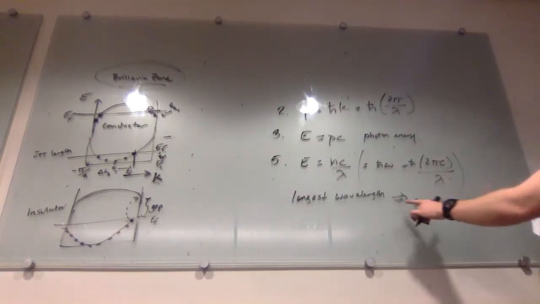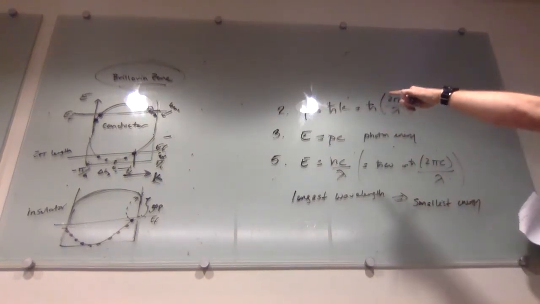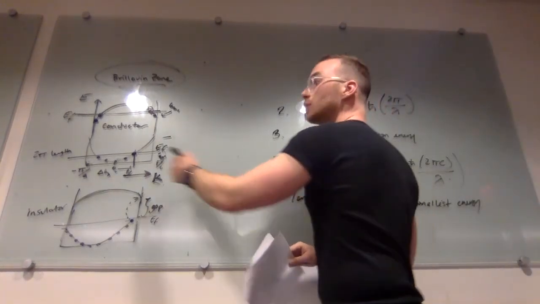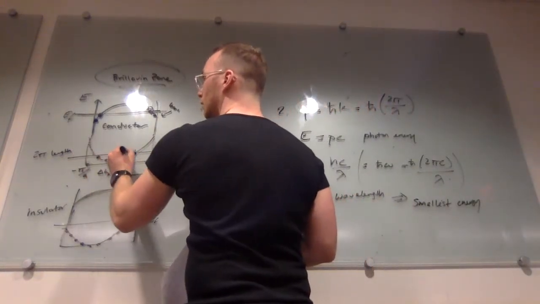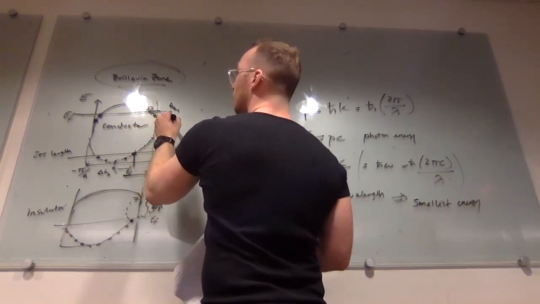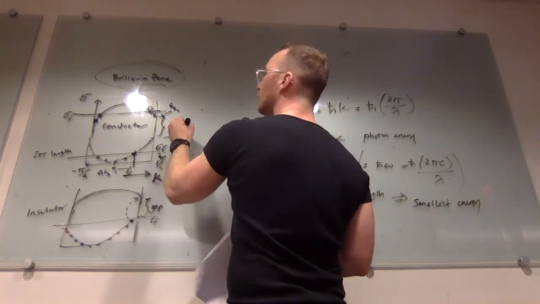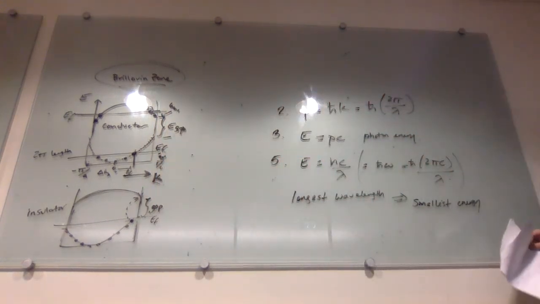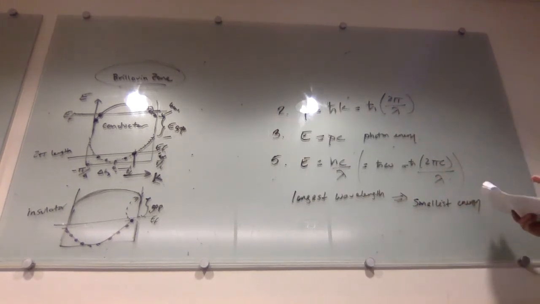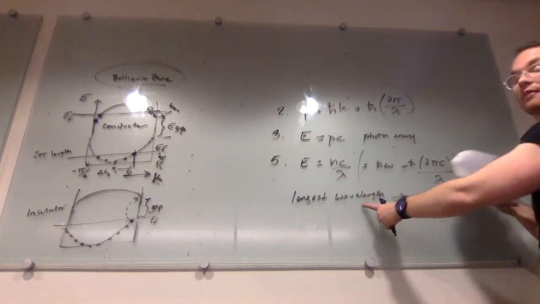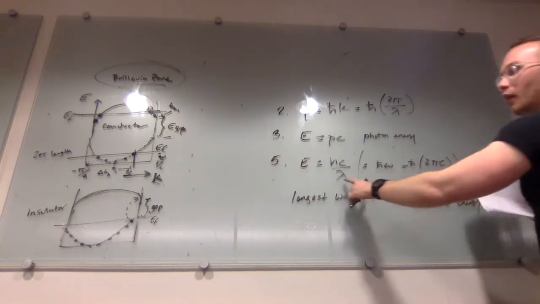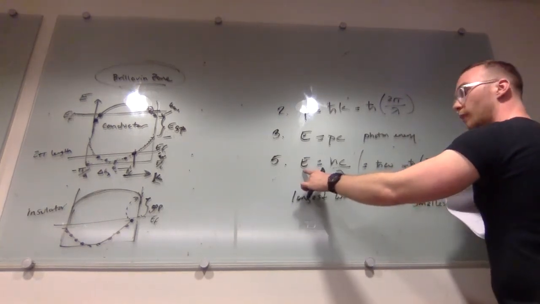So in this case, they're asking about the bands, and going between the bands is the exact same thing. Instead of having like 3 states, we have a ton. But going between here and here still costs this much energy, the gap. So when they ask about a bunch of materials and which gives you the longest wavelength photon from going across the band gap, all you have to do is think: if I want the longest wavelength, I want the smallest energy.